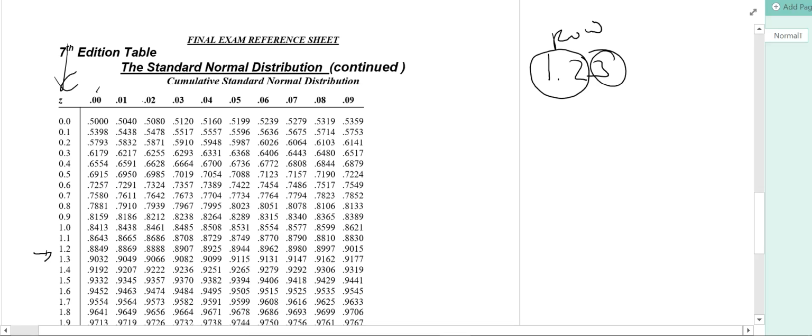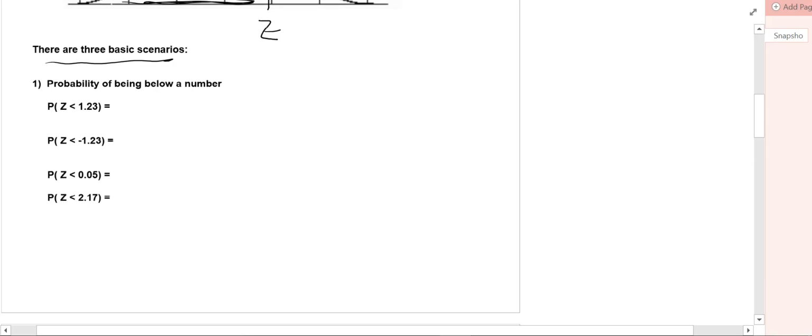And if you look, the number is 8907. So the first one is 0.8907.